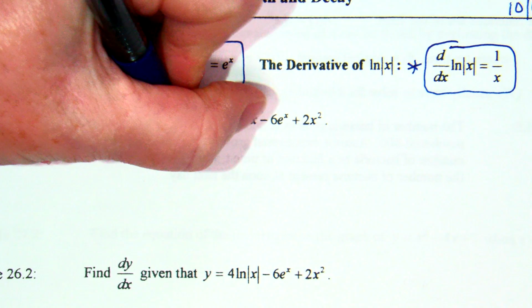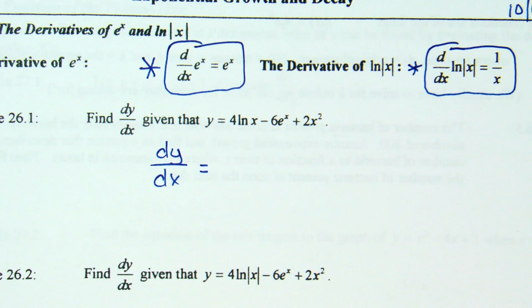Okay, thoughts on the derivative of 4 natural log of x? 1 over x and then what? Not 1 over 4x.